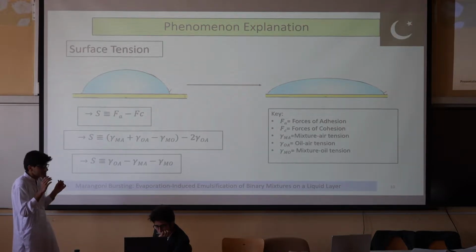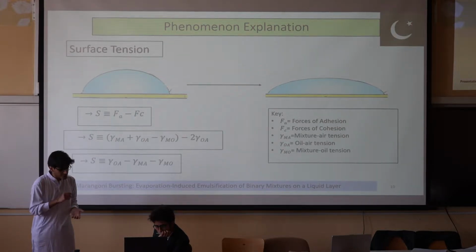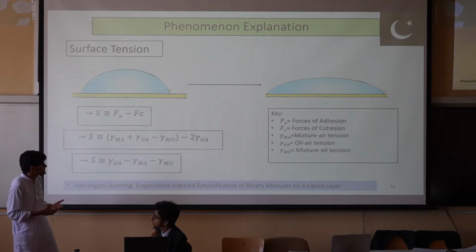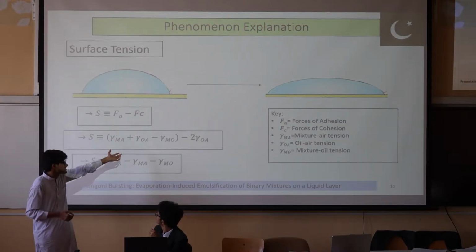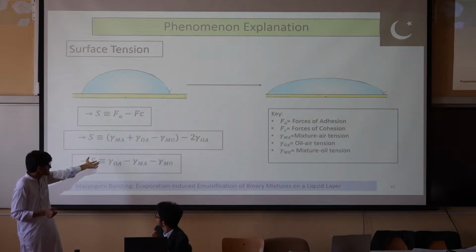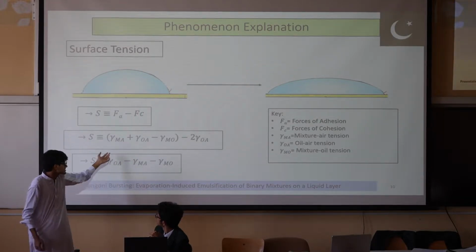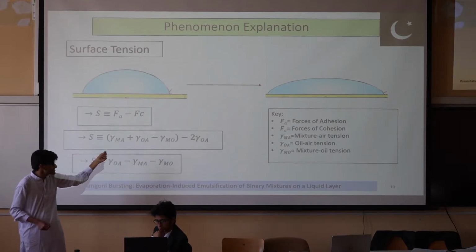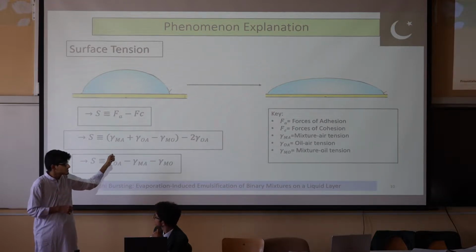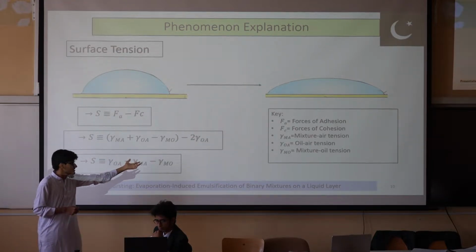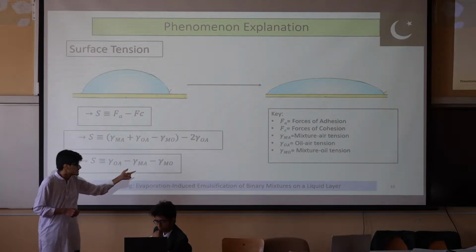Okay, so one thing that is absolutely essential for this process to happen is something called the spreading parameter, which is just the force of adhesion minus the force of cohesion, which can be written in surface tension. So it's basically the surface tension of the mixture and air plus the oil surface tension plus the surface tension of the mixture oil interface minus 2 times the surface tension of the oil itself.